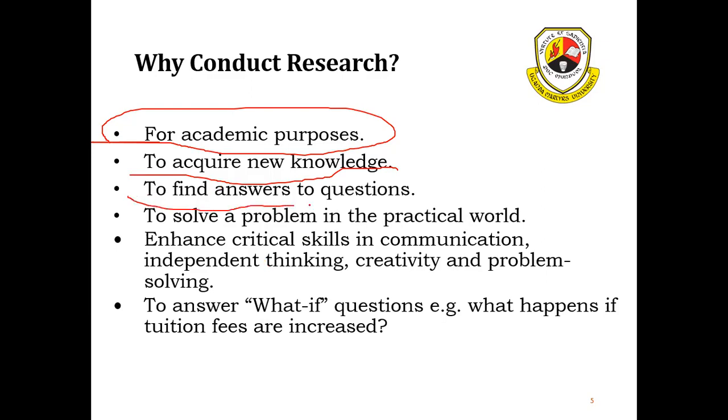So it comes second, then the third, to find answers to questions, to solve a problem in the practical world. Okay? To solve a problem in the practical world. Especially for us in IT, our research is normally problem-centered. Okay?